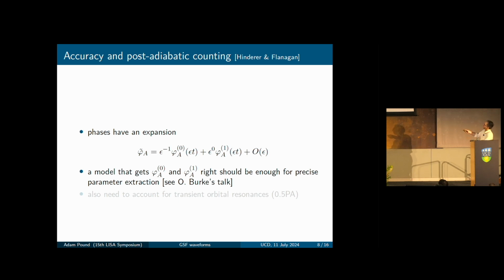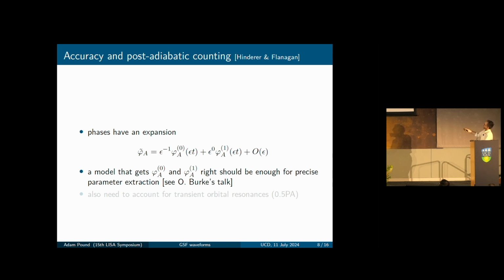And on long time scales, the orbital phases have an expansion that looks like this. They start at 1 over the small parameter. The smaller the mass ratio, the longer the inspiral lasts, the more phase you accumulate. Then you have a correction that's epsilon to the 0, so almost mass ratio independent. And then you have higher order terms.